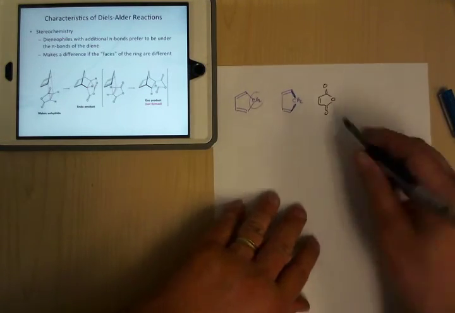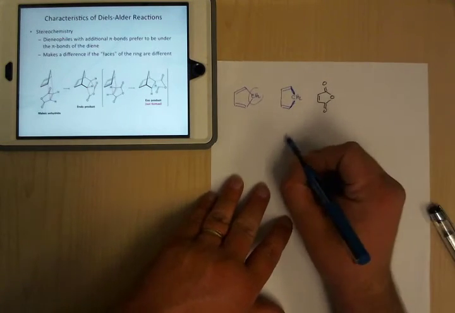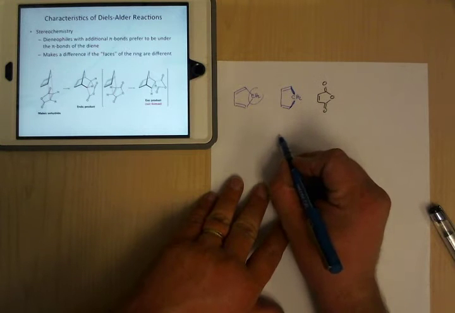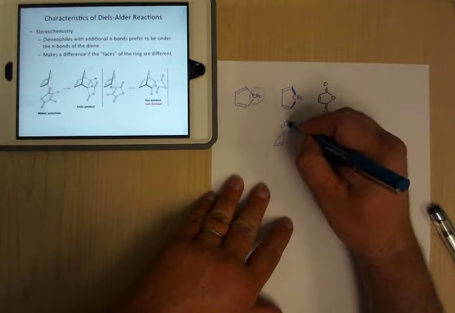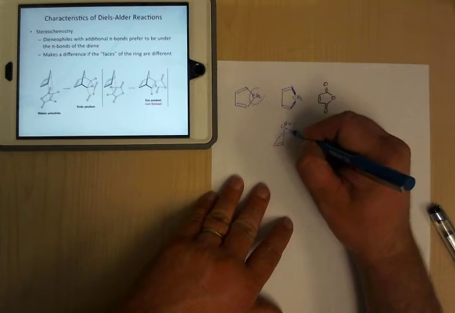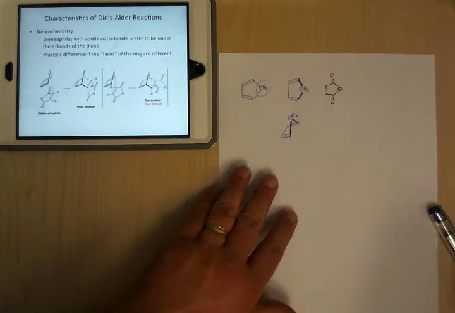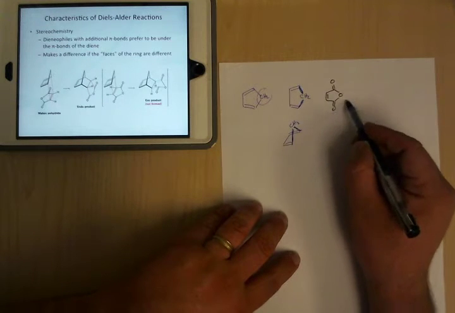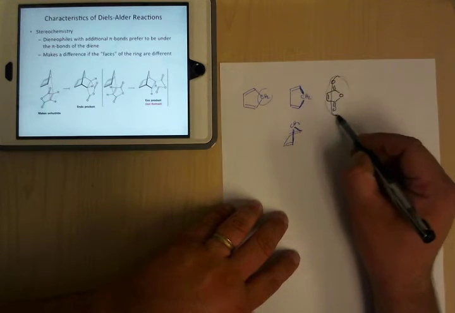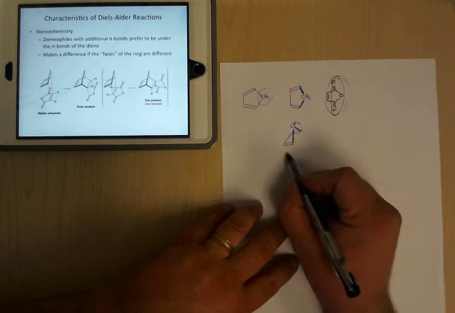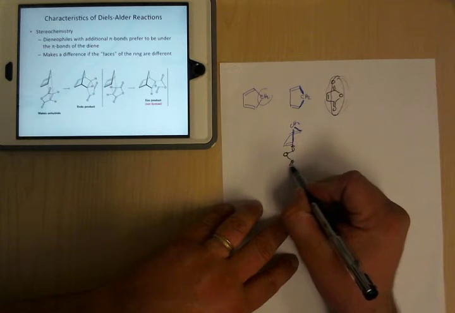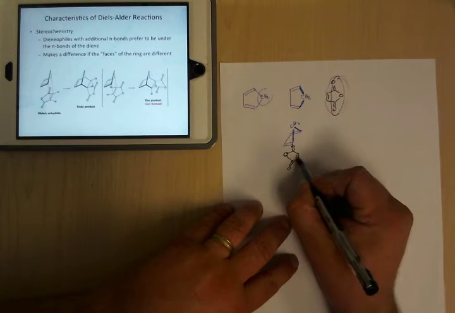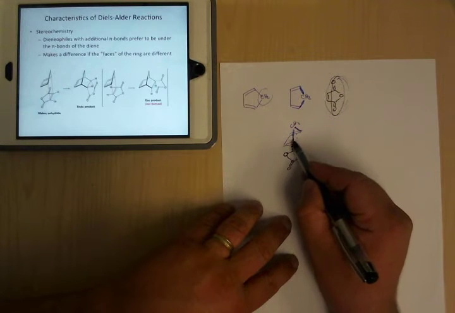But it turns out that the way this orients itself, pardon my drawing here, is that if this CH2 group is coming up like this, these double bonds and those lone pairs orient themselves to be right underneath here, so you're getting interaction between these guys.